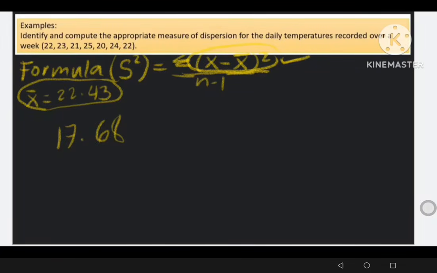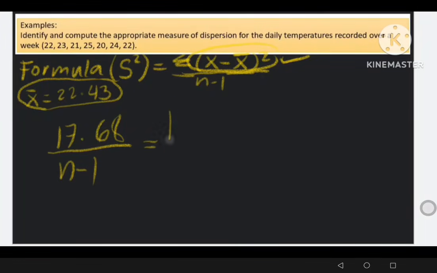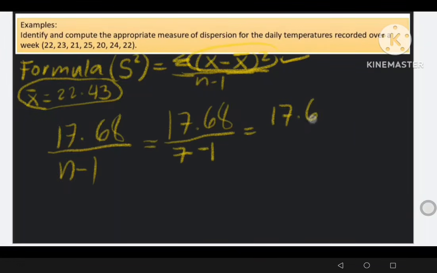Following the formula, we still have n minus 1. So we have 17.68 divided by n minus 1. n represents the number of data given. We have 1, 2, 3, 4, 5, 6, 7 data, so 7 minus 1. 17.68 divided by 6.